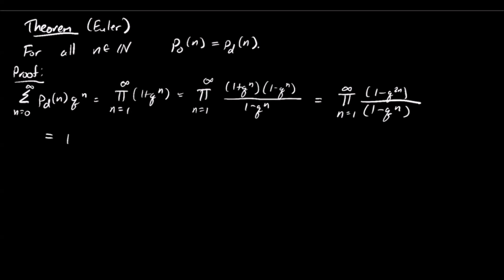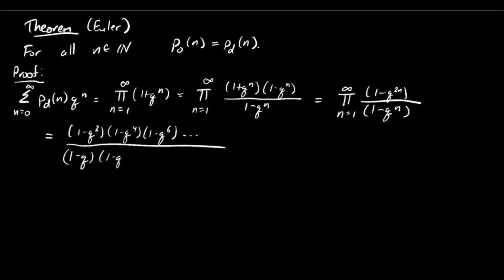If I were to expand this out, the numerator is 1 minus q squared, 1 minus q to the 4th, 1 minus q to the 6th, and so on. The denominator is 1 minus q, 1 minus q squared, 1 minus q cubed, 1 minus q to the 4th.